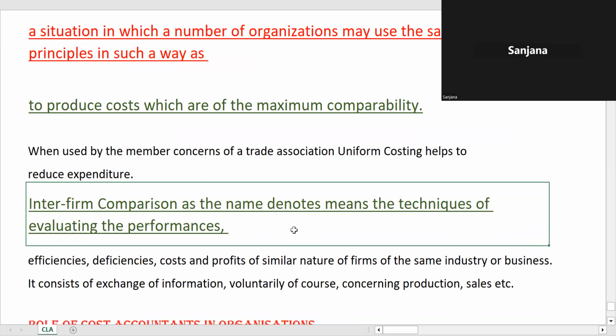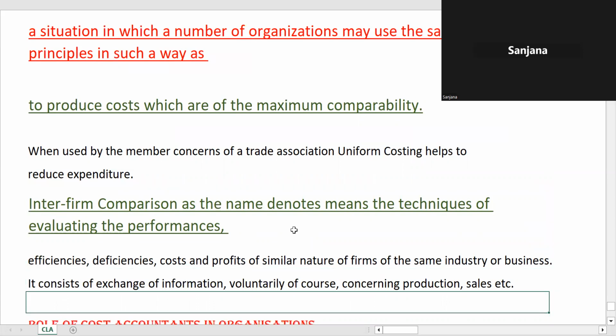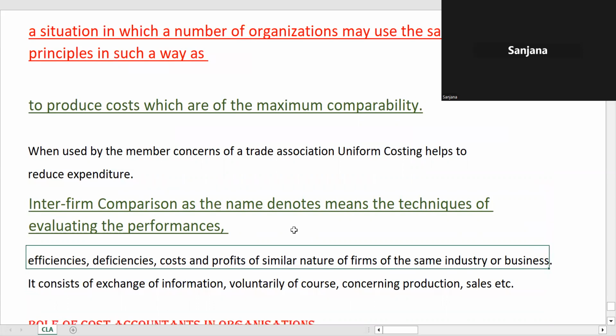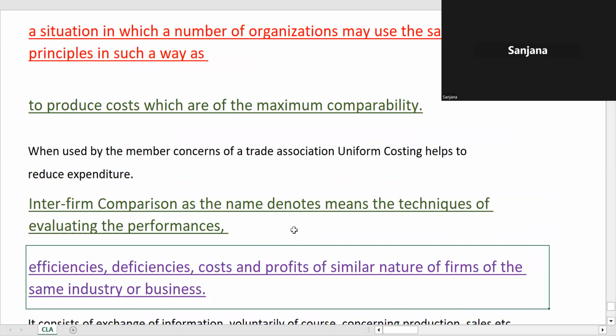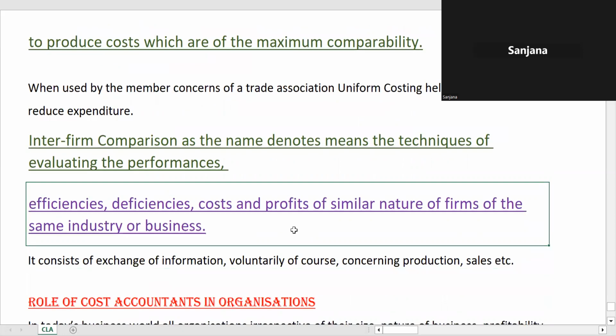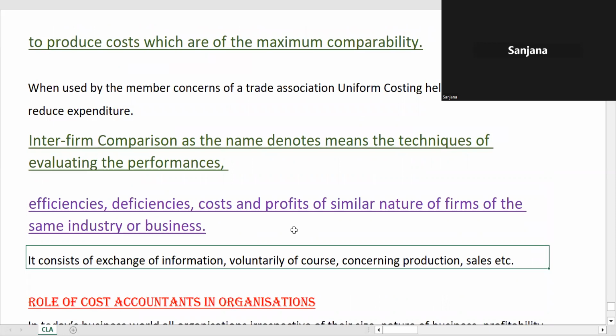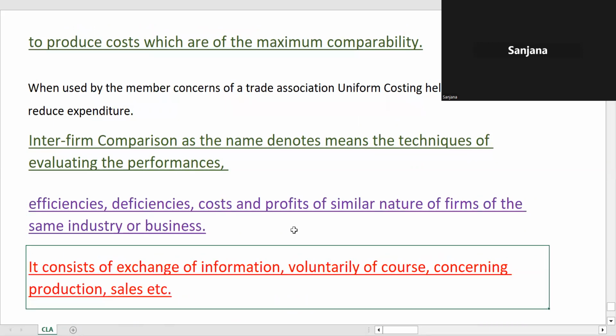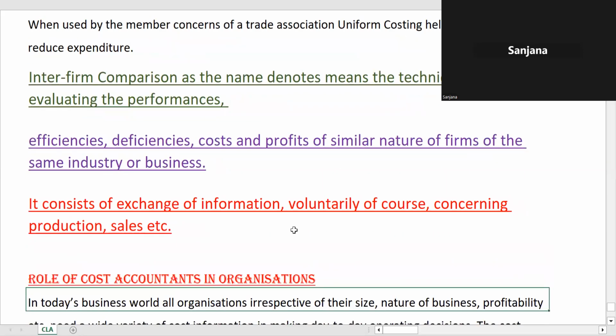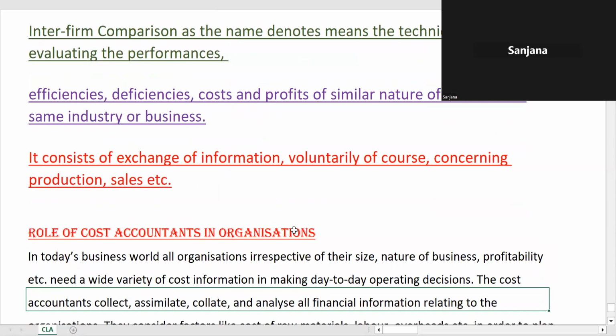So it denotes techniques of evaluating performance, efficiencies, deficiencies, cost, profits of various firms of the same industry. Voluntary exchange of information is done.